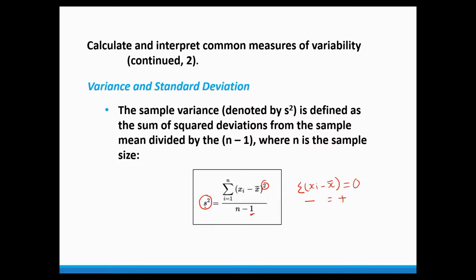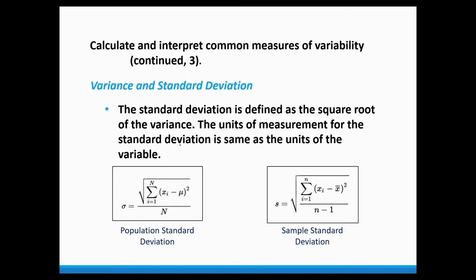So the general rule is, if we are going to calculate the variance for the sample, we divide by the total number of observations included in this sample minus 1.